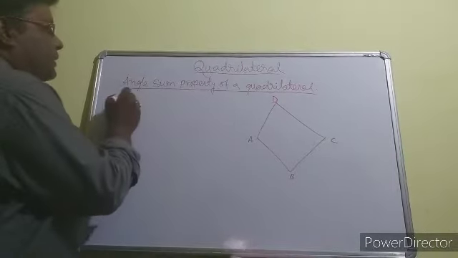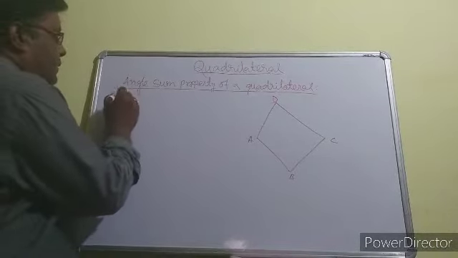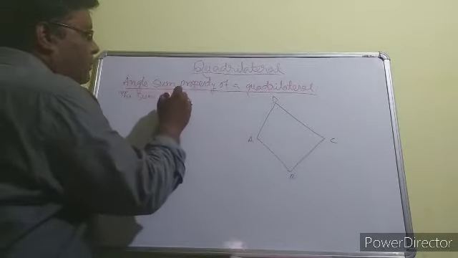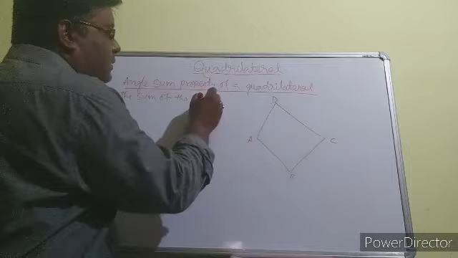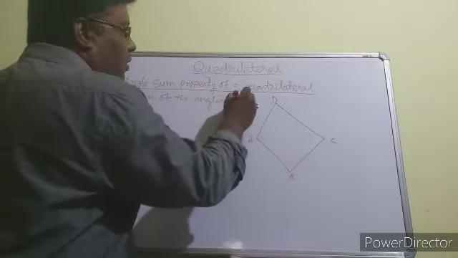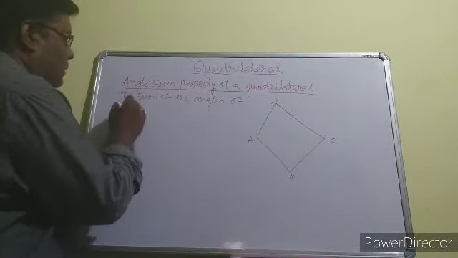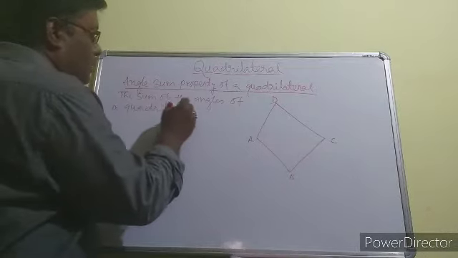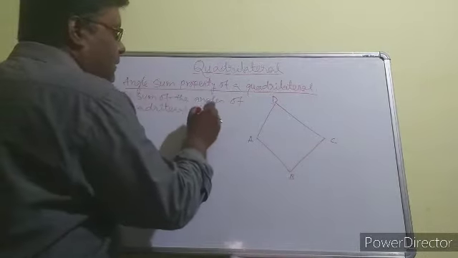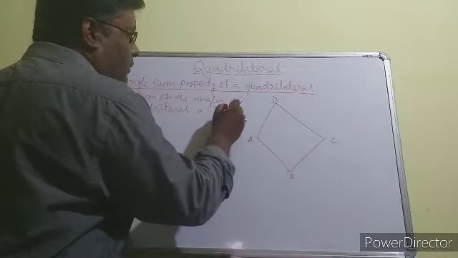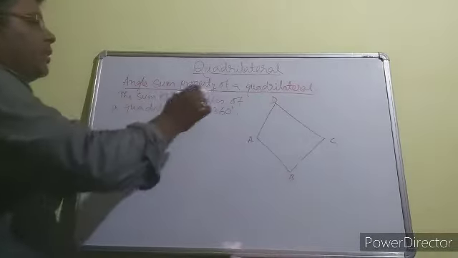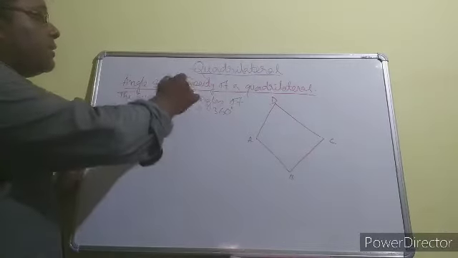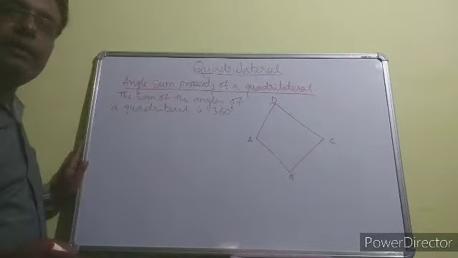The property is: the sum of the angles of a quadrilateral is 360 degrees. The sum of the angles of a quadrilateral is 360 degrees. So it's called the angle sum property.